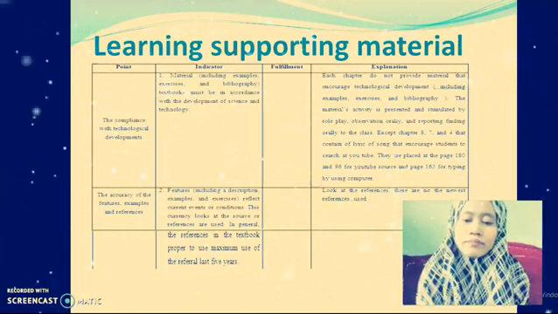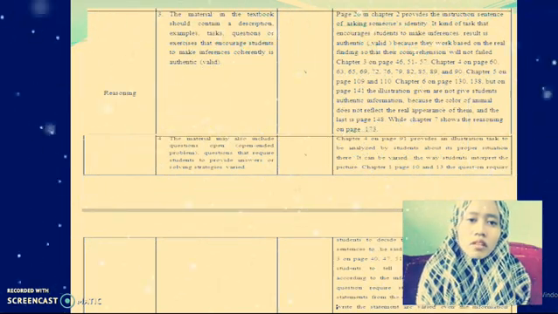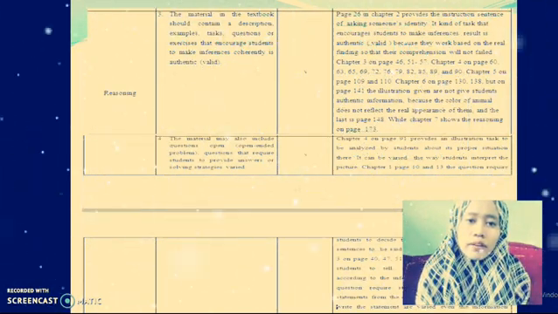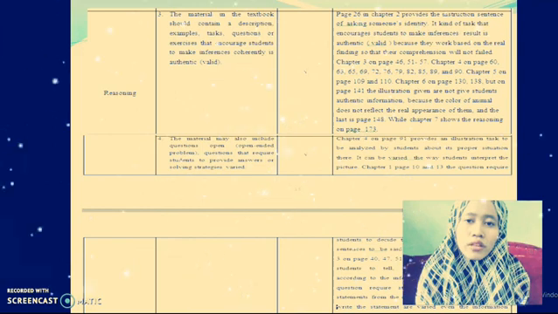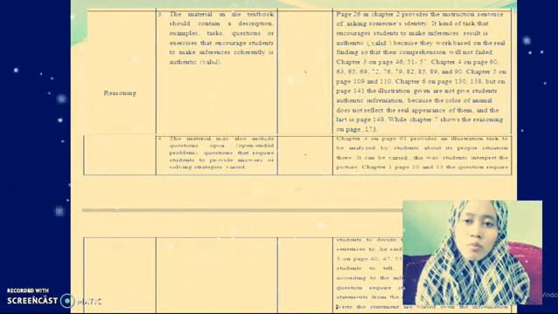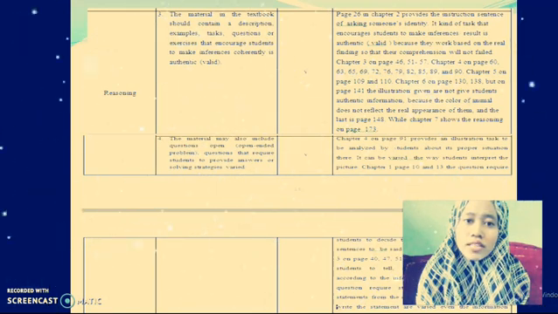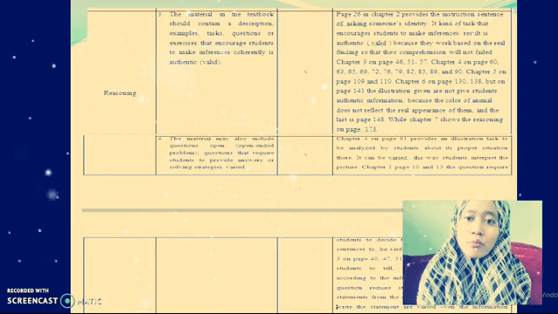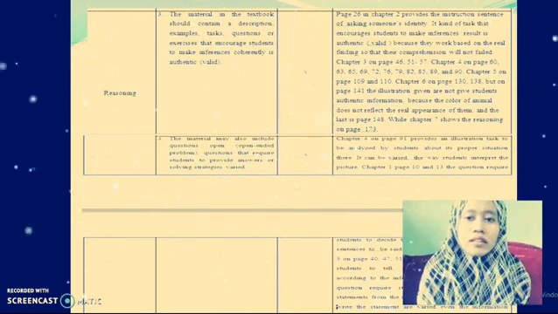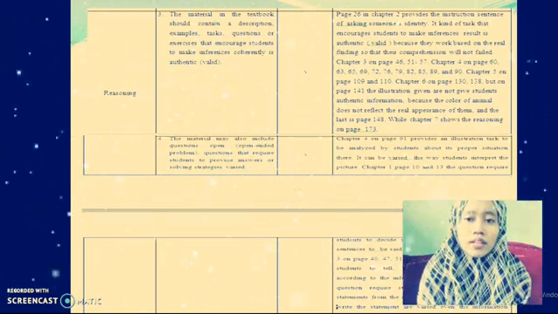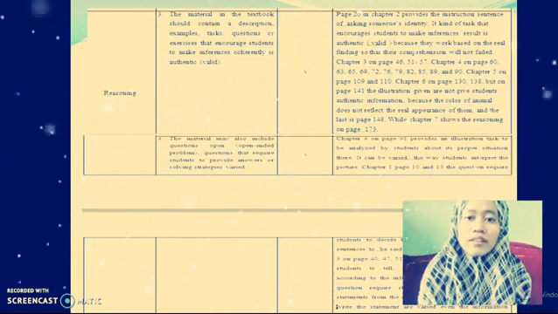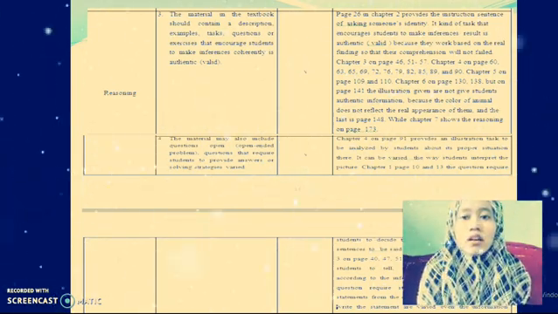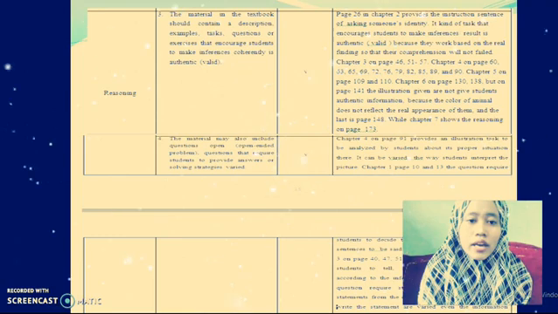And the next is reasoning. It is fulfilled because on page 26 in chapter 2, the textbook provides the instruction sentence of asking someone's identity. It is a kind of task that encourages students to make inferences or results that are authentic or valid because they work based on real findings, so that their comprehension will not fail.